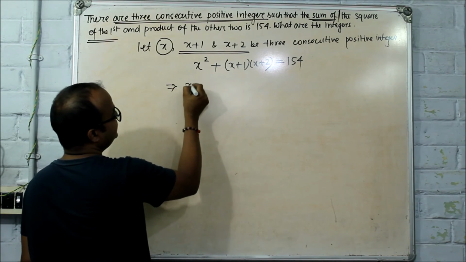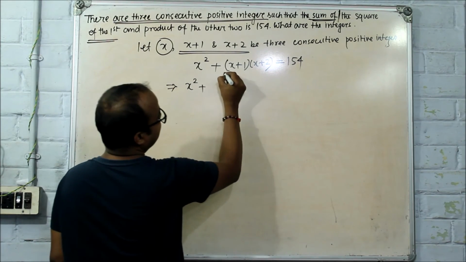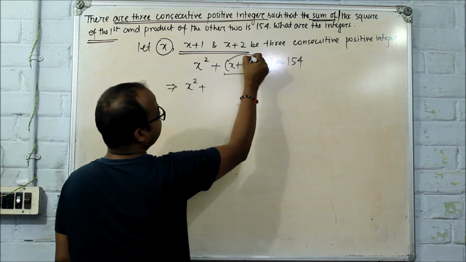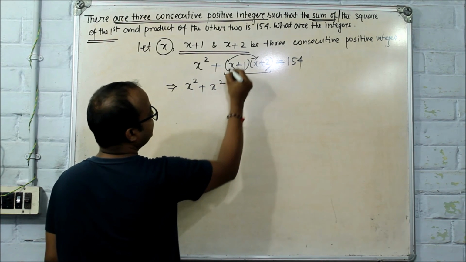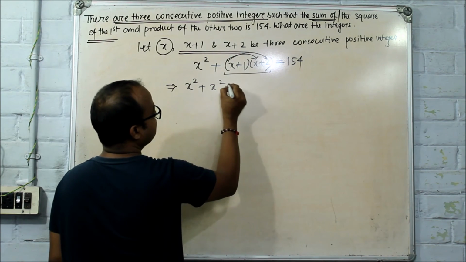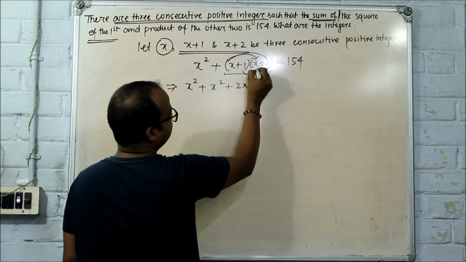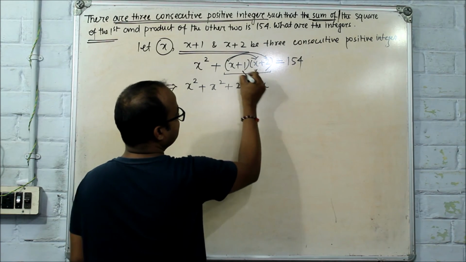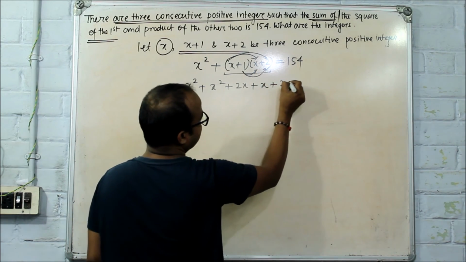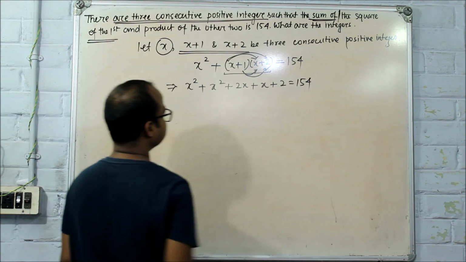If you simplify, x square, and multiplying these two, x into x, x square, x into 2, plus 2x, 1 into x, x, 1 into 2, 2 is equal to 154.